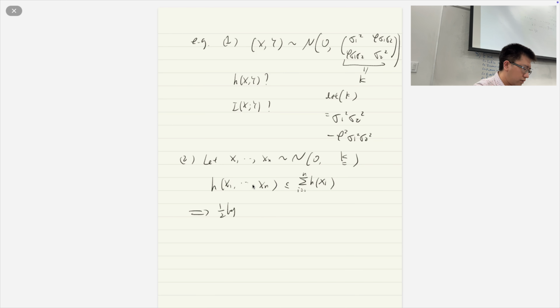It's half log 2 pi e to the power n determinant of K. Determinant of K will be less than or equal to this. So here it's just a scalar, right? We have seen that in our last class.